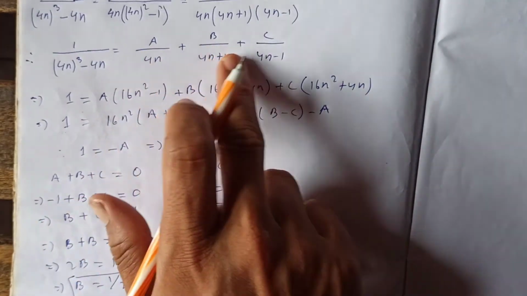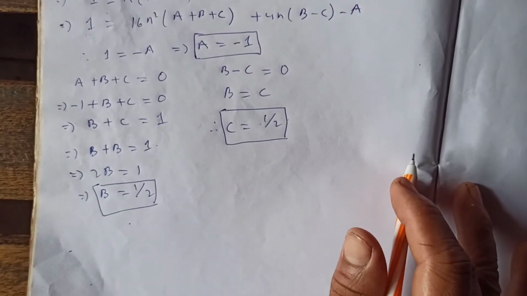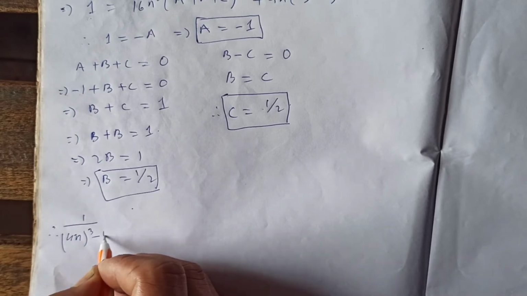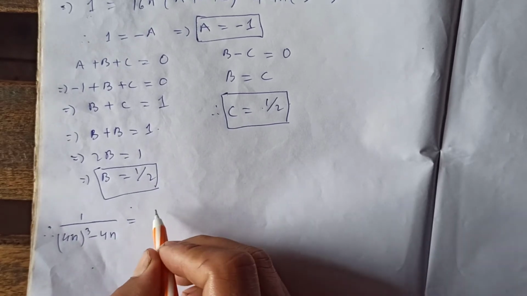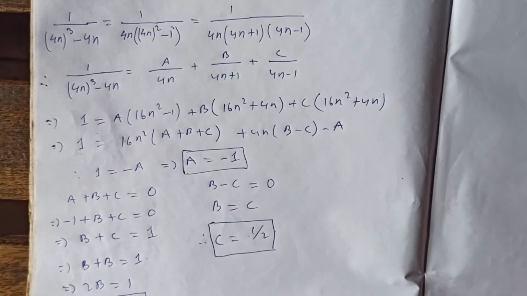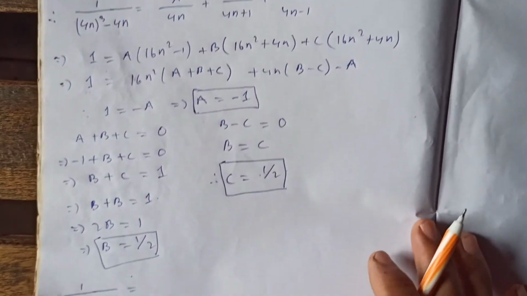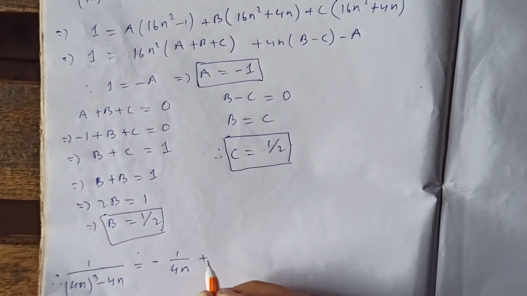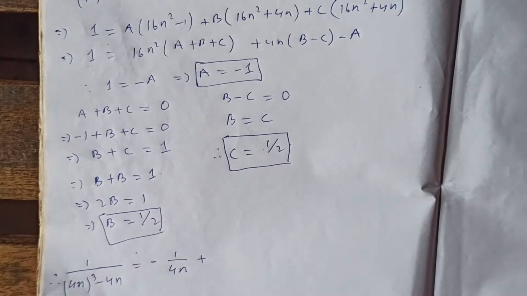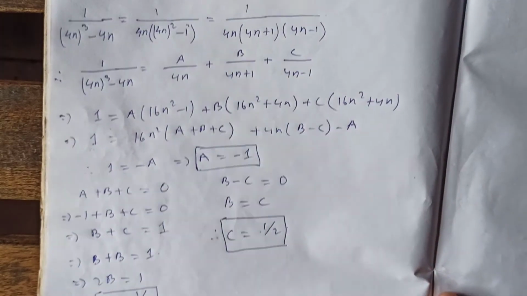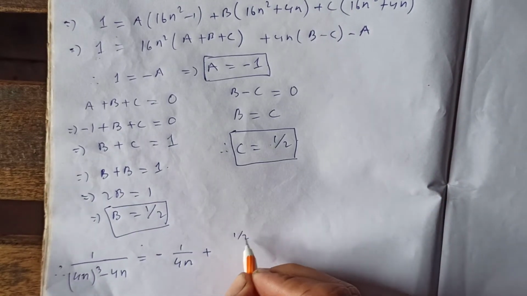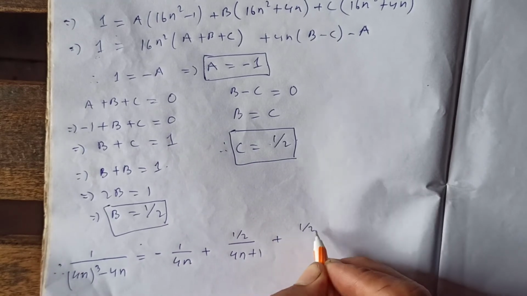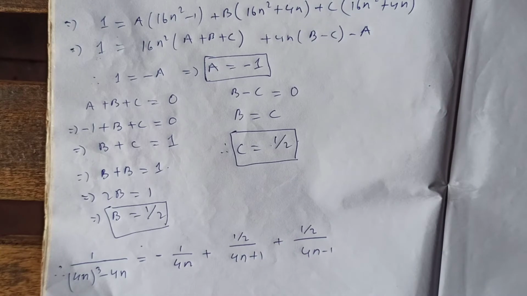Now if I plug in, 1 over 4n cubed minus 4n is equal to a, which is negative 1 over 4n, plus b, which is 1/2, over 4n plus 1, plus c, which is also 1/2, over 4n minus 1.